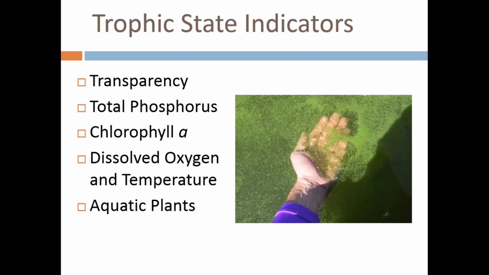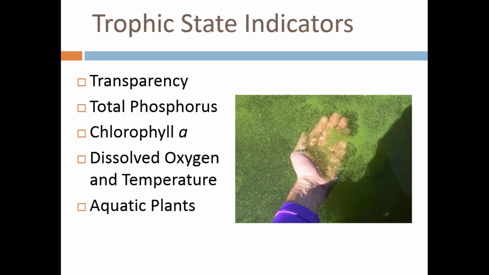Okay, so let's think more about the monitoring itself. What we monitor in this program are trophic state indicators. Trophic actually comes from the Greek trophos, which means food or nourishment. So what we are monitoring through this program are measurements that get at the level of the underlying food web on your lake.